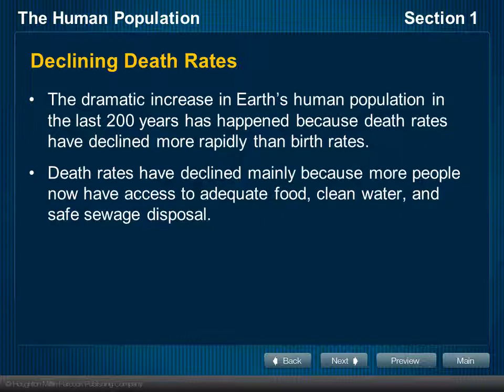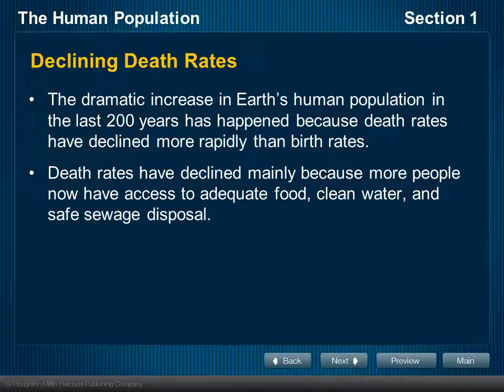And death rates declining, we tend to not look at these things necessarily correctly in our modern developed world. We think of medical technology and hospitals and all that. Really, death rates decline because of increased access to adequate food, clean water, and safe sewage disposal. As those things happen, you can see life expectancy jump from 35 to 70 just because of those things.